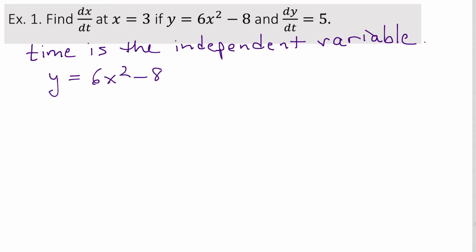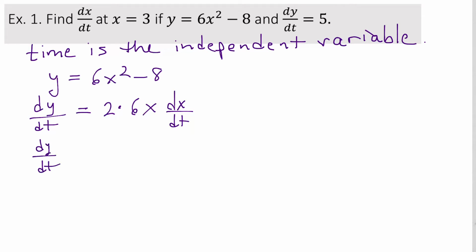So on the left, the derivative of y with respect to time, that's all we have on the left, is equal to 2 times 6x times, using the chain rule, the derivative of x with respect to time, and then the derivative of negative 8 is simply 0. So we have dy/dt is equal to 12x times dx/dt.